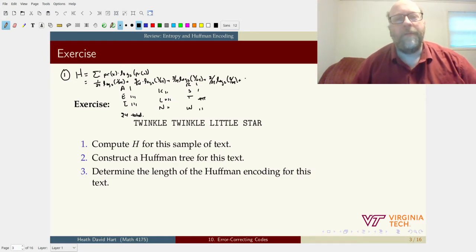L shows up 4 times, 4 over 24 log base 2 of 4 over 24.